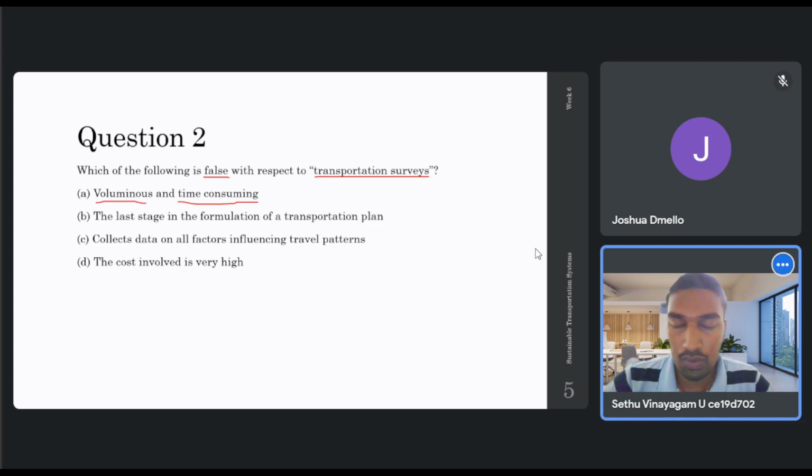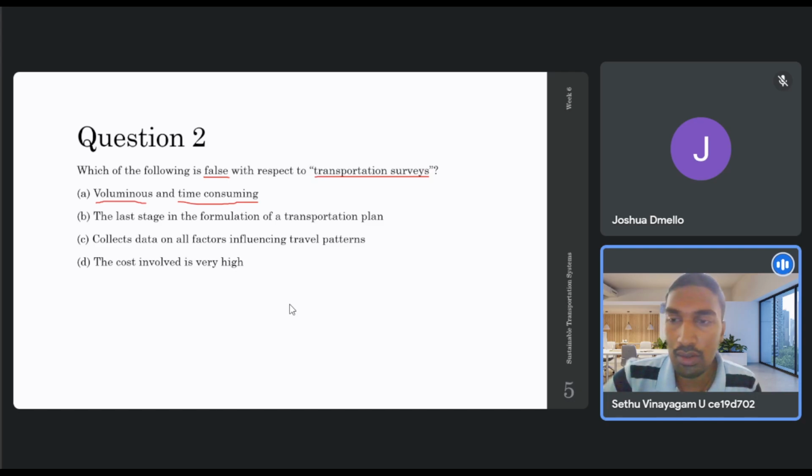Only when we have the data on all the factors that are responsible for people's travel decisions will we be able to get a reasonably accurate estimation of the future trends. Therefore, we try to collect as many factors as possible that influence the travel pattern. So C is also a correct statement, and D, the cost involved is very high. This is also true. As you can imagine, when we are dealing with huge volumes of data, there is a lot of manpower that is involved.